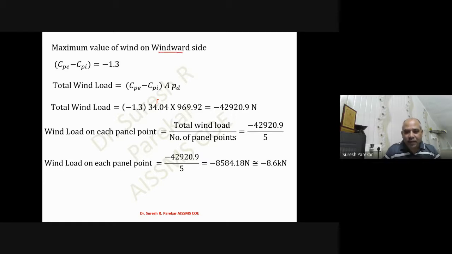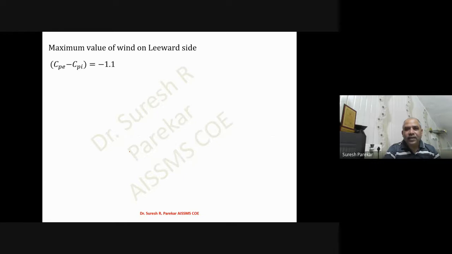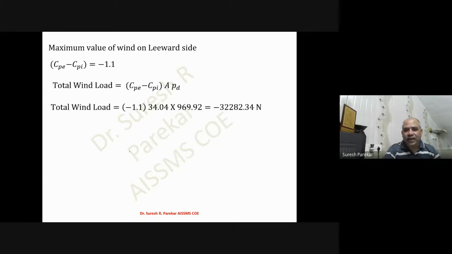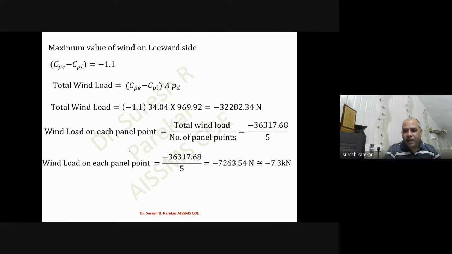Now that is on each panel point. Now we will go on leeward side. So we have seen the value is minus 1.1, and if we calculate, minus 1.1 into 34.04 into 969.92, this comes 36317.68.